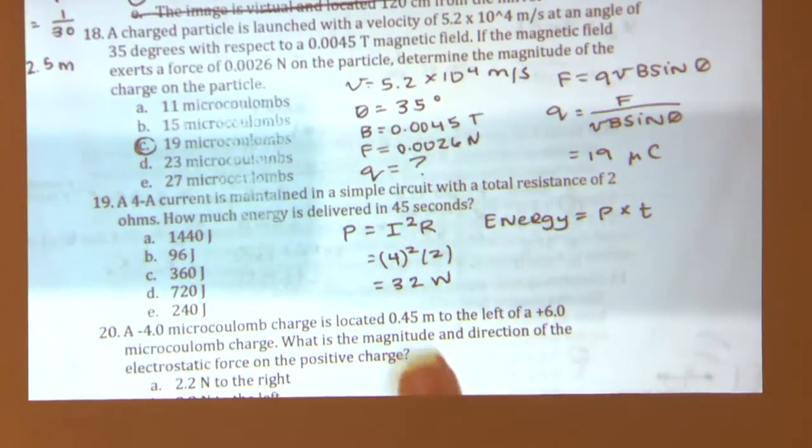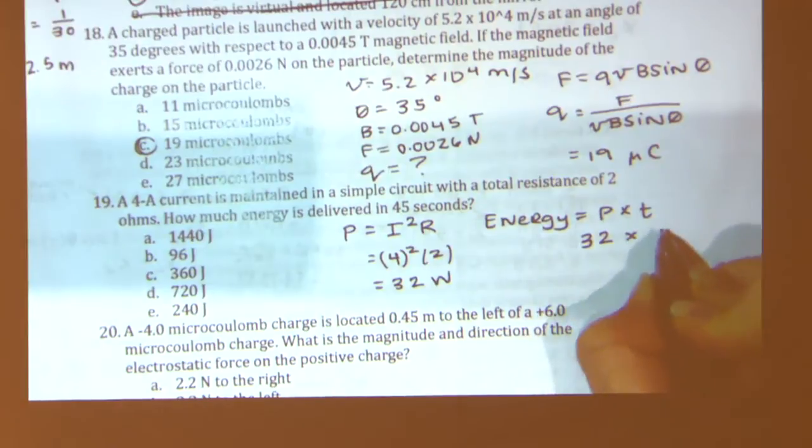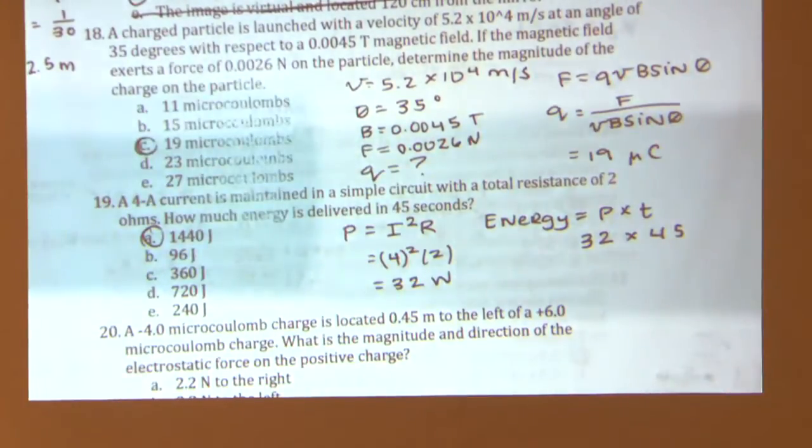We want to know how much energy is delivered in 45 seconds, so we'll just do 32 times 45, because remember, seconds is our SI unit for time. And I believe you should get around 1440 for that.